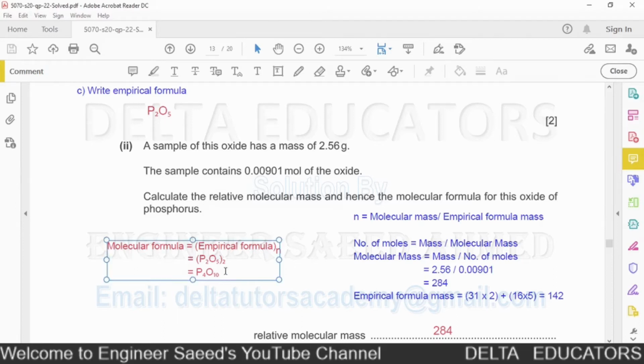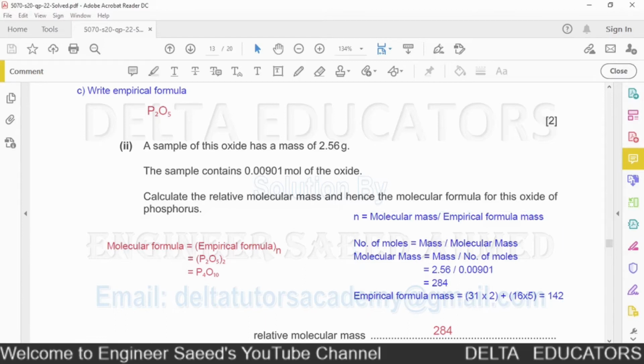This 2 will be multiplied by the number of atoms of phosphorus, and also by the number of atoms of oxygen in the empirical formula. So 2 multiplied by 2, and also 2 multiplied by 5, and by multiplying this we get P4O10. So the molecular formula of this compound is P4O10.